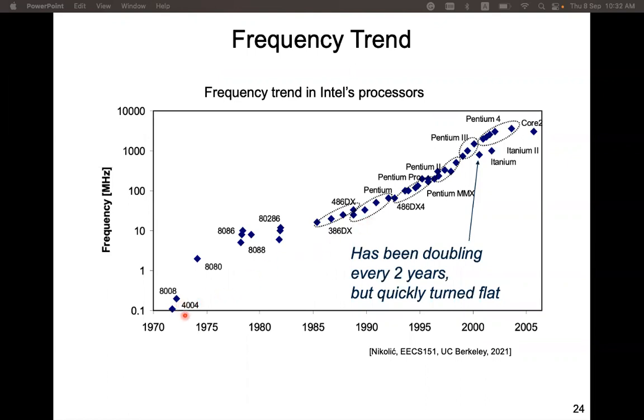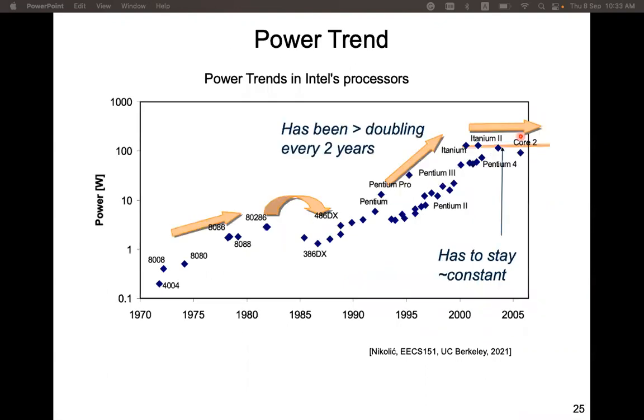First, the CPU operated at 100 kilohertz, and now the clock frequency basically stays at 3 gigahertz, or at most 5 gigahertz. Probably it would increase a little bit, but not very much, due to a reason that is discussed in this slide.